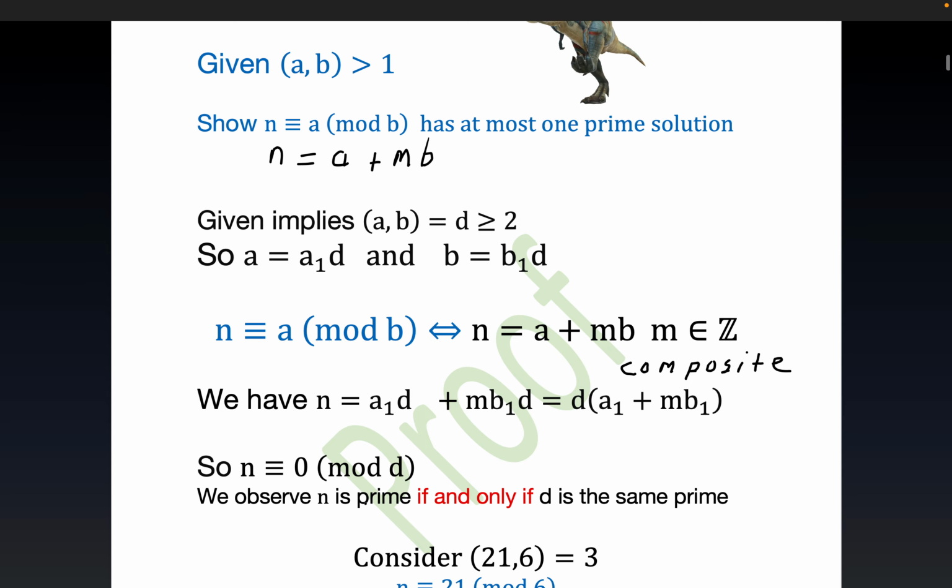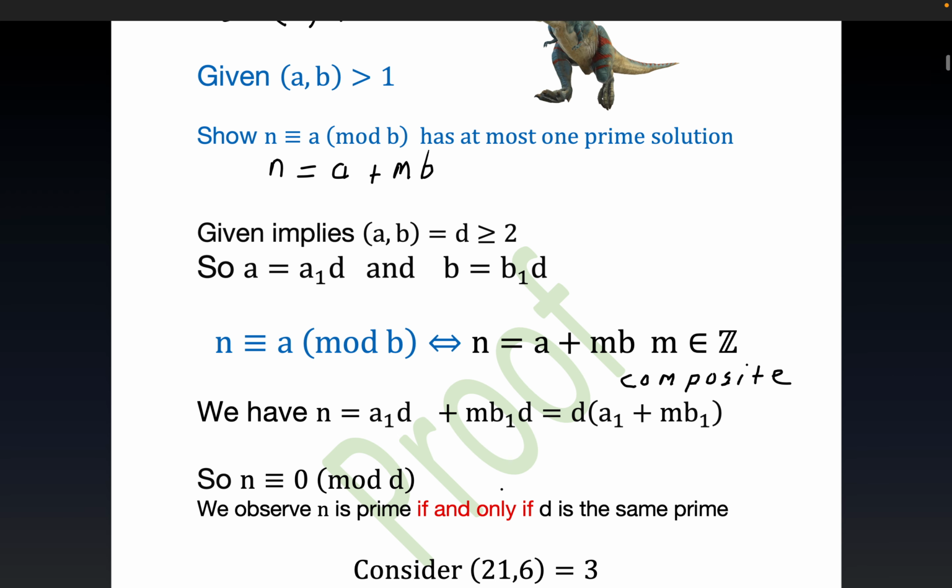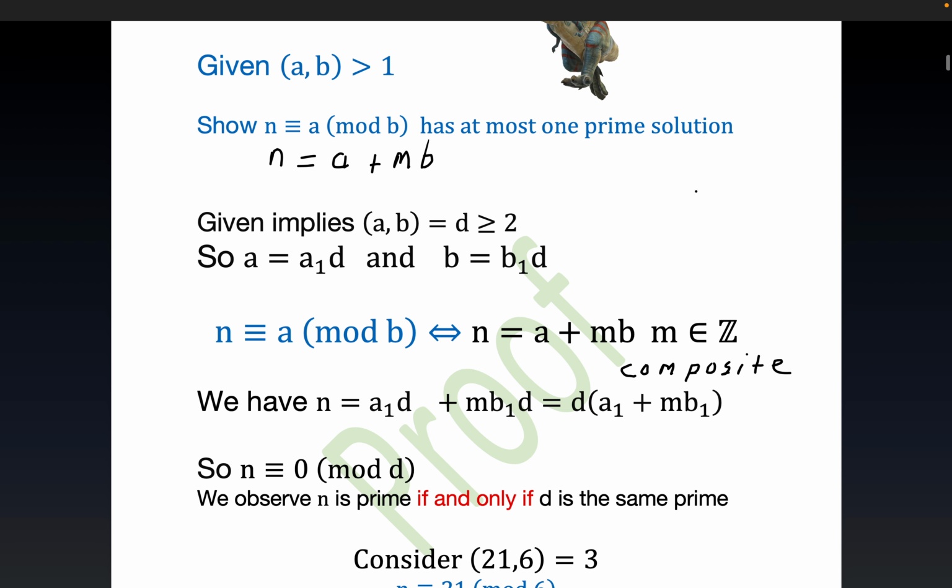So based on the definition of prime, n is prime if and only if d is the same prime. Otherwise, you would be violating the definition of a prime number. That probably requires a little more depth, but I'm just going to leave it at that. I'm going to claim that we have proved it, and we would have one prime solution.